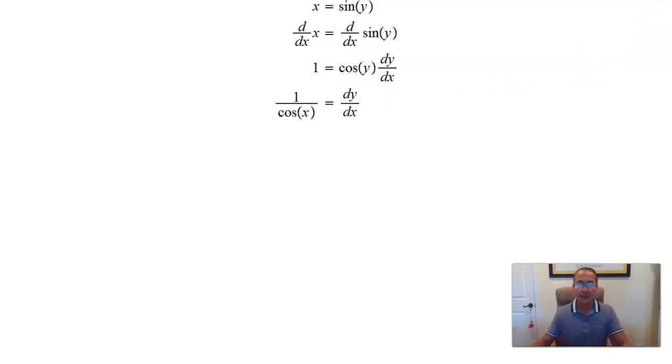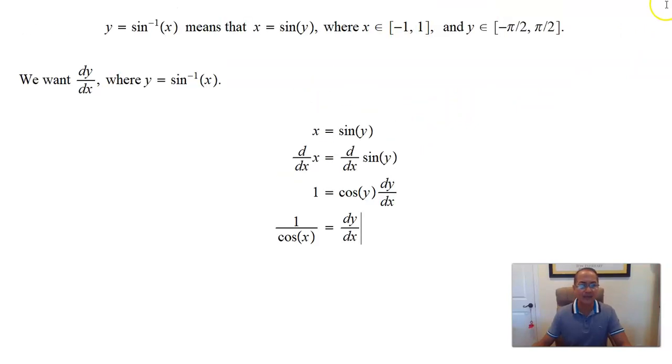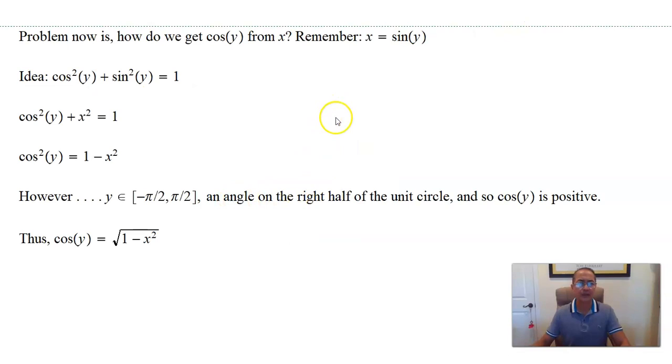Okay, so now the problem is, I want 1 over cosine y, but x is sine of y. So basically we need the cosine of the sine of y. Okay, so that's the part that we need to figure out next. We want to get cosine y from x, but x is the sine of y.